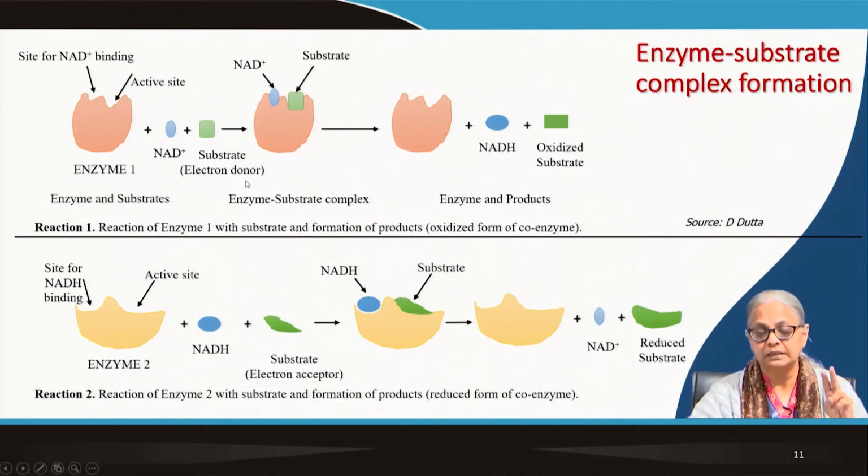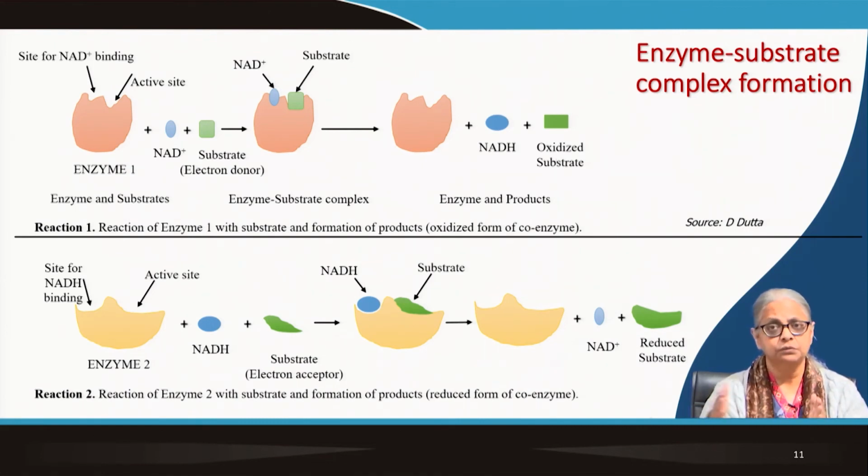So the electrons will be picked up from the substrate, the protons from the proton motive force, and NADH will be formed, and then you have your oxidized substrate. So NAD plus has been reduced to NADH and the substrate has been oxidized in the first example.